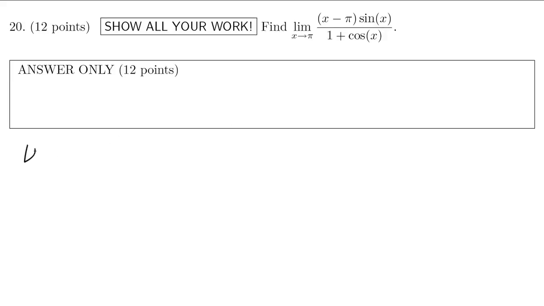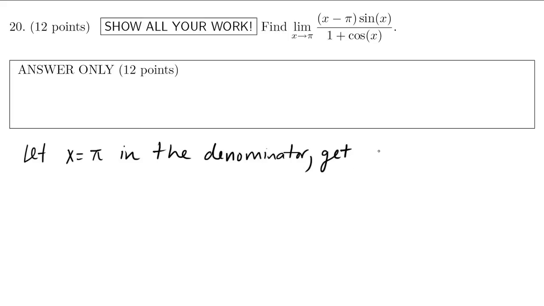Why don't we let x be equal to pi in the numerator and see what we get? When we do that, we get pi minus pi times the sine of pi. Well, pi minus pi is 0, and the sine of pi is also 0, so 0 times 0, we get 0.